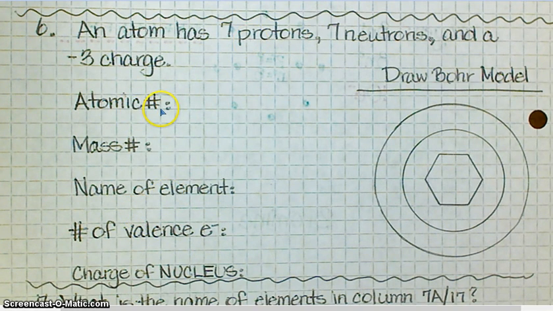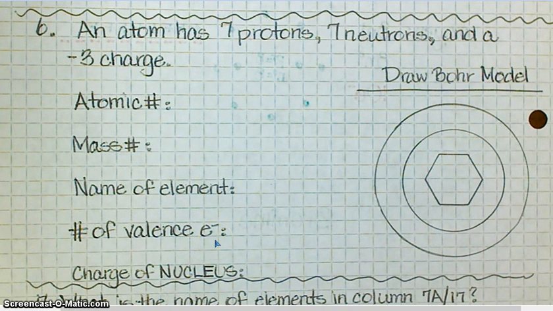The atomic number is going to be the same as the number of protons, remember. The mass number is going to be protons plus neutrons. You have 7 protons in this particular atom and 7 neutrons. Okay? In this case, because I gave you a specific atom, you're not going to take the atomic mass and round it off. You're going to use what I gave you, 7 protons and 7 neutrons for a mass of 14. Again, it's nitrogen.